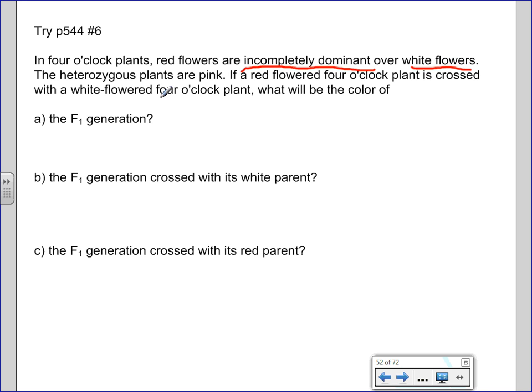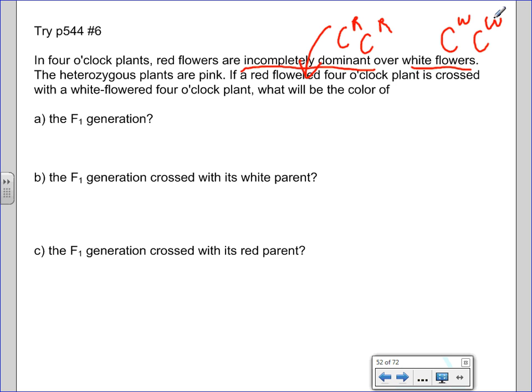If a red flowered 4 o'clock plant is crossed with a white flowered 4 o'clock plant, what will be the color of the F1 generation? Okay, so let's look. Red flowered, so the genotype for this one would be CR CR. It's crossed with a white flower, CW CW.